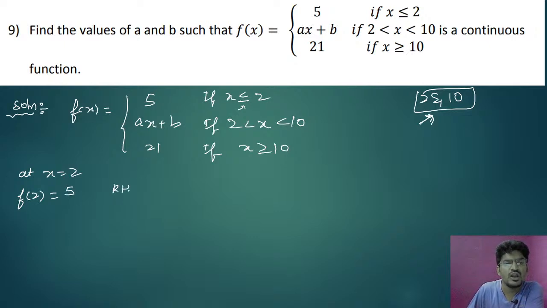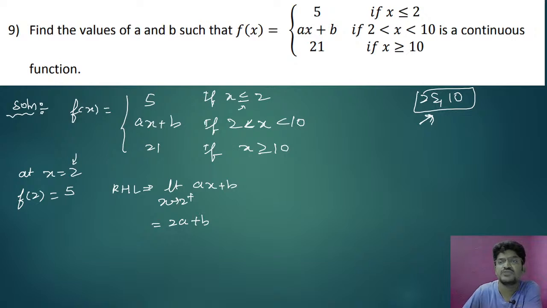Now I will go for RHL, that is x is greater than 2. So for RHL, limit extending to 2 plus, the function is ax plus b. So from this, x value is 2, 2a plus b. Okay. So they have given that it is a continuous function.